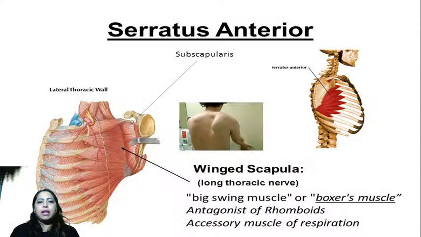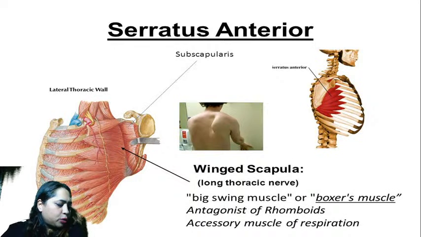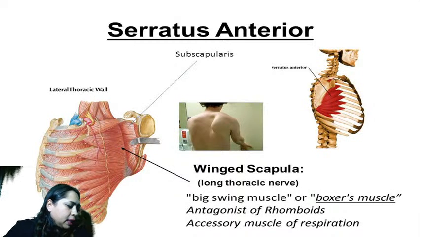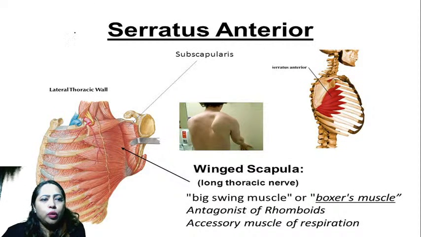Okay, now we have one last slide. Last slide, this is serratus anterior. So serratus anterior, anybody knows what is the nerve supply to serratus anterior? The nerve supply to serratus anterior is long thoracic nerve.